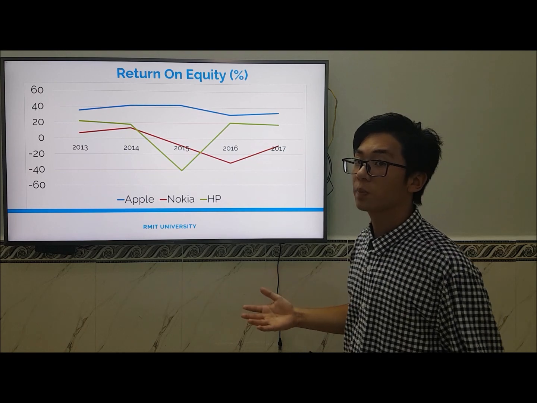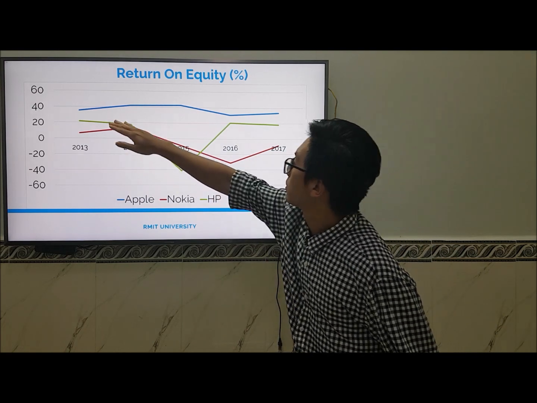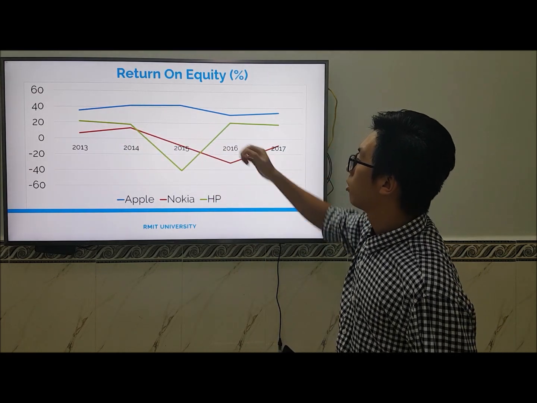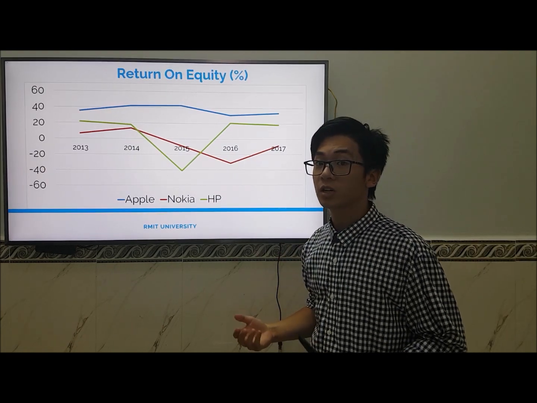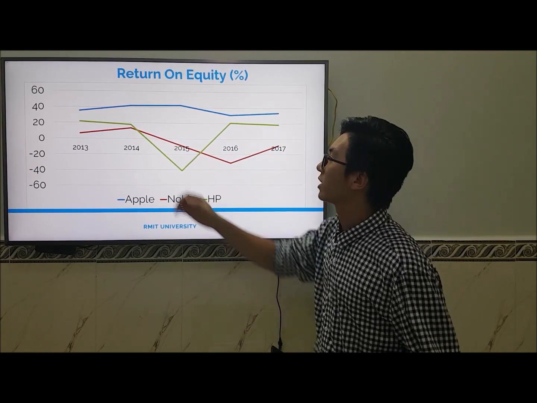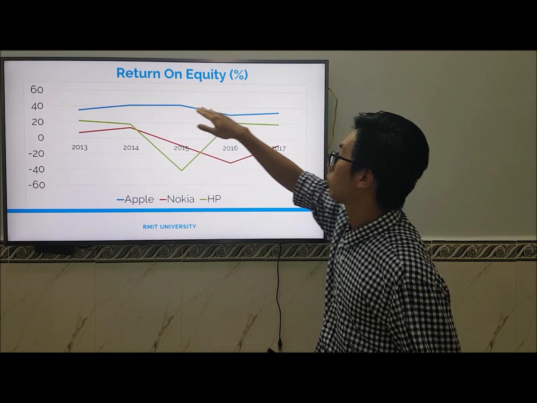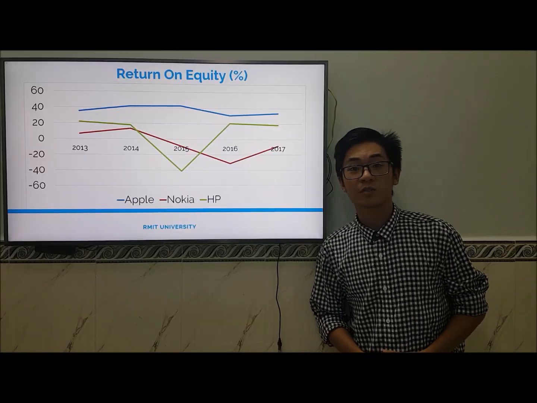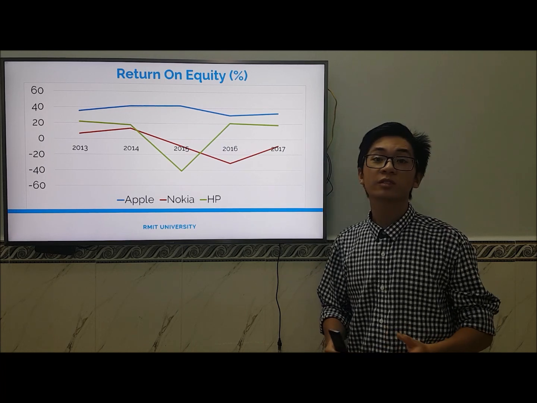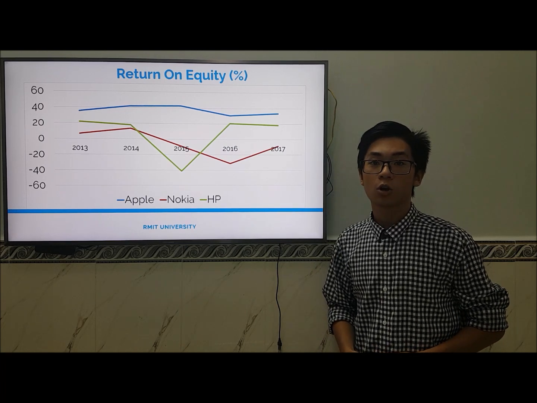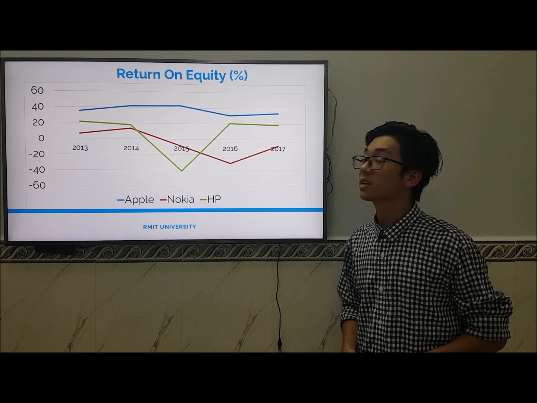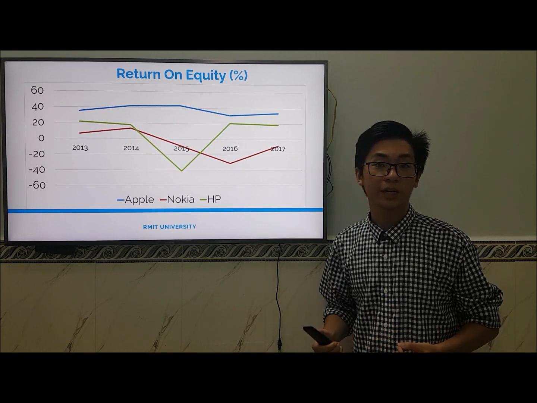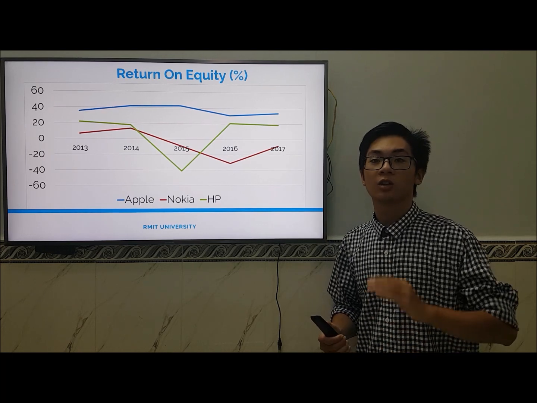Apple is the only company that remains above 0 with the highest return on equity, and it slightly increases or remains unchanged over time. After the comparisons, I believe it is reasonable to invest in Apple since it is the most profitable company and also the lowest risk.